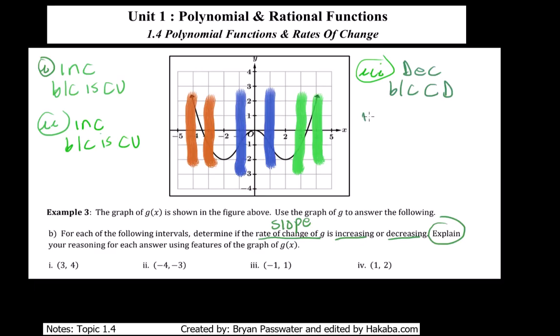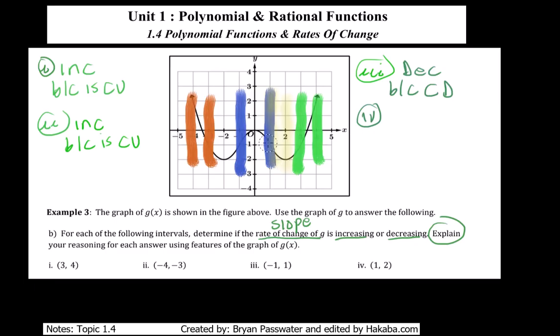Now let's look at the last one, which is I sub 4. We label it in a different color so that we can see clearly. Now we're looking at 1 to 2.